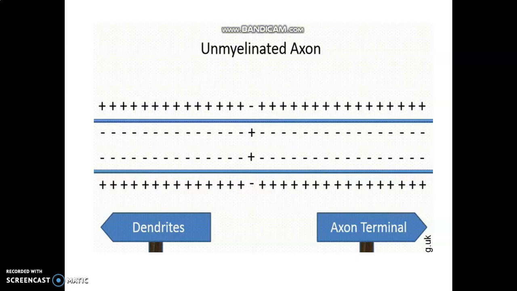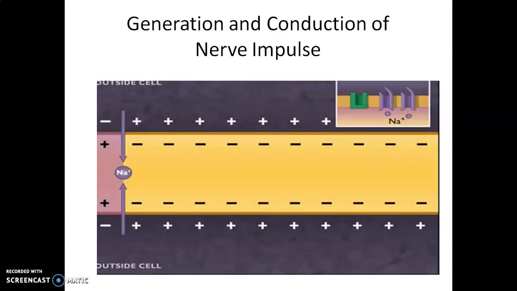When a neuron is not conducting any impulse, that means at resting time, the axonal membrane is comparatively more permeable to potassium ions and nearly impermeable to sodium ions. So observe this diagram. Similarly, the membrane is impermeable to negatively charged proteins present in the axoplasm.